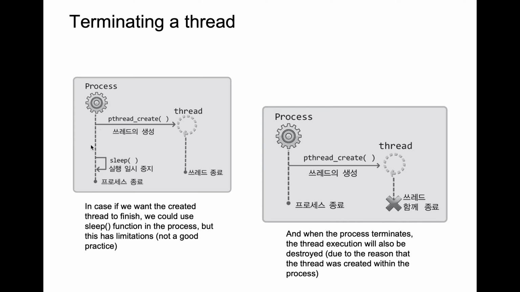It's actually an exaggeration, but still, that thread might be executing slower than your sleep. And that means your process will still be terminating before the thread has finished its job. What we want is our process to wait for the thread to finish.